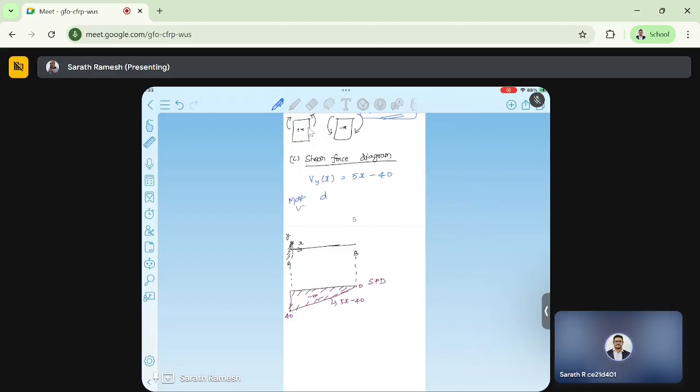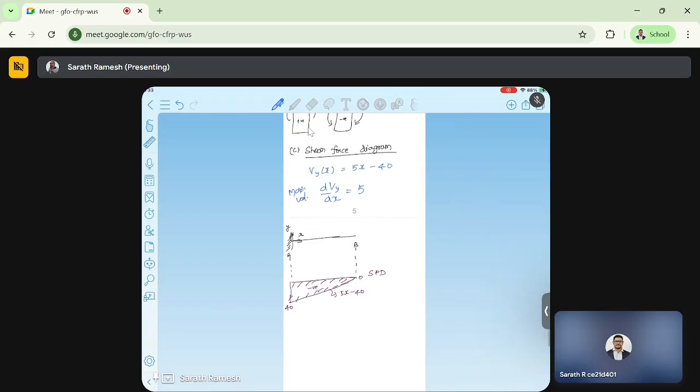The derivative comes to 5. The derivative is positive, so it's a monotonically increasing function with a positive slope. So it will take its extremes at the boundaries, at x equal to 0 and x equal to 8.